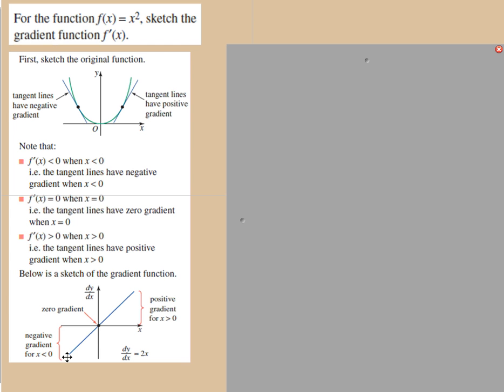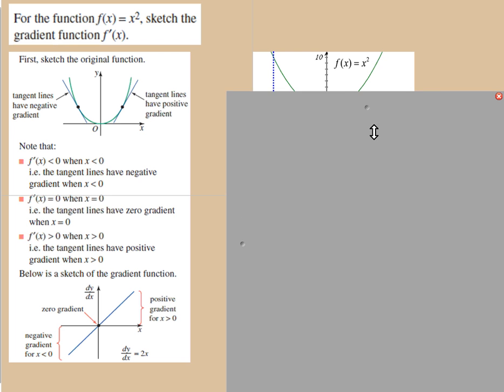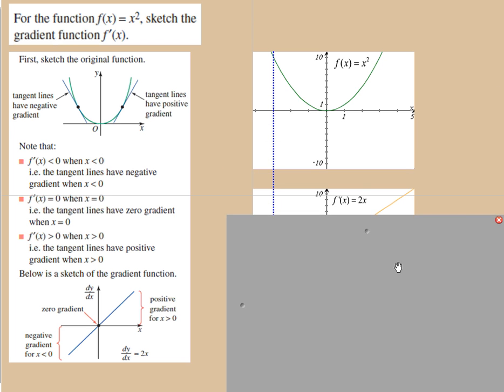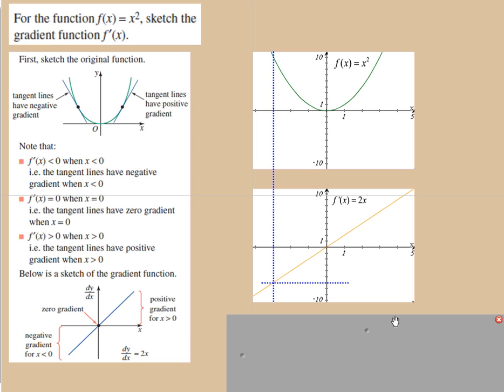This part down here represents the gradient around here. A point up here would be a more negative number, and as we get towards the origin, the values are getting smaller, and then once we get past the origin, it becomes positive again, and as x gets larger, the graph is getting steeper. So here it is, and there is the gradient function.